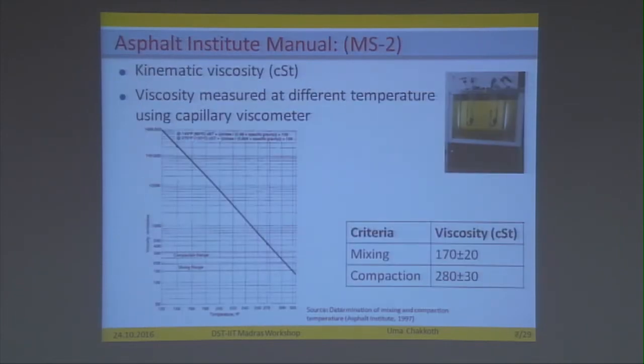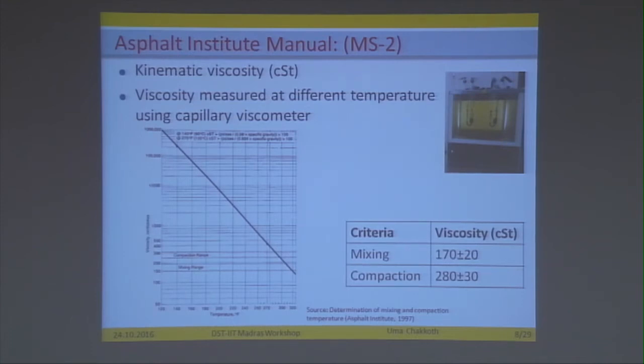With the advent of technology and changing measuring geometry, the kinematic viscosity concept was introduced, which is the viscosity divided by the density of the material at that particular temperature. Again, the volumetric flow rate concept is used to estimate the viscosity at different temperatures, and we use a capillary viscometer to measure the viscosity.